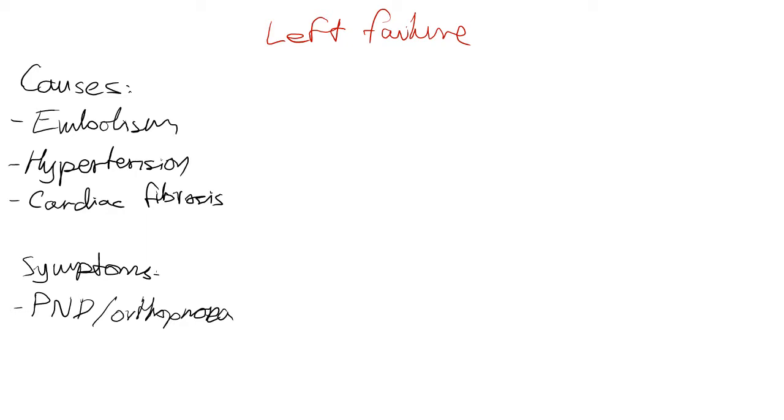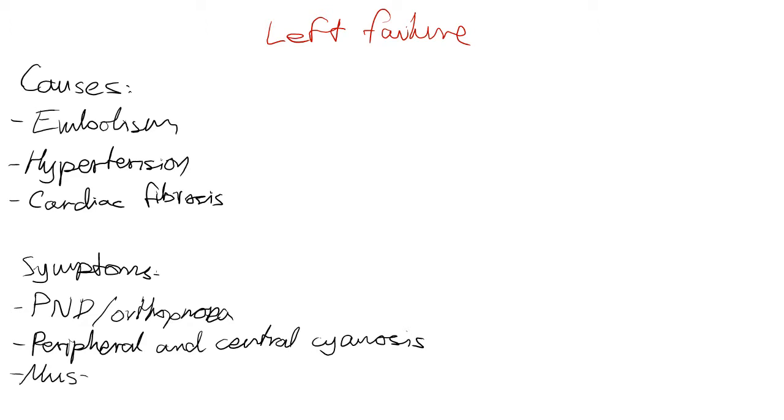Now, as I mentioned before, other symptoms of left-sided heart failure include peripheral and central cyanosis, and interestingly, there is also muscle wasting, because if you think about it, the muscles of the body are not receiving an adequate amount of blood, and therefore they atrophy.